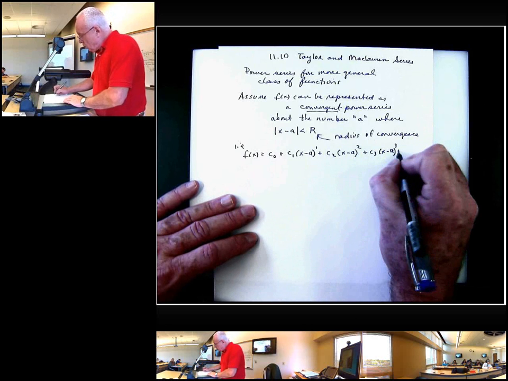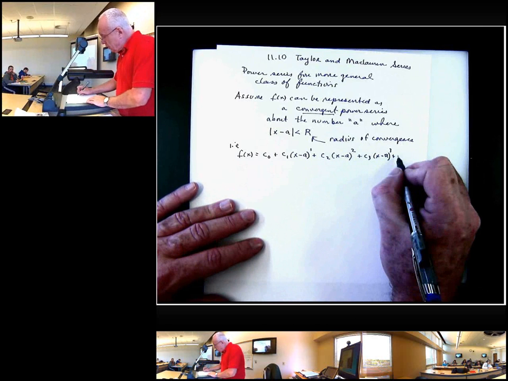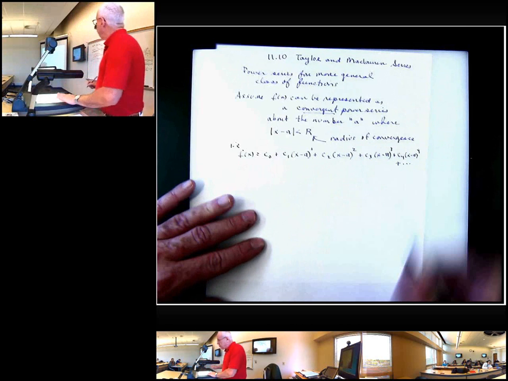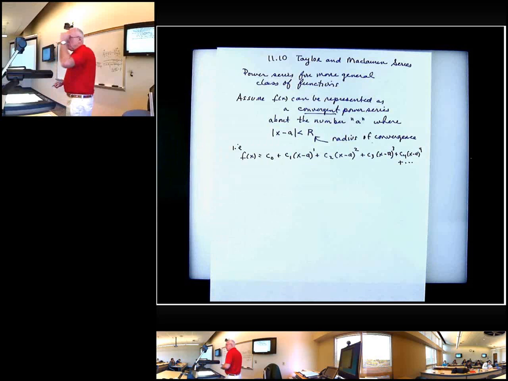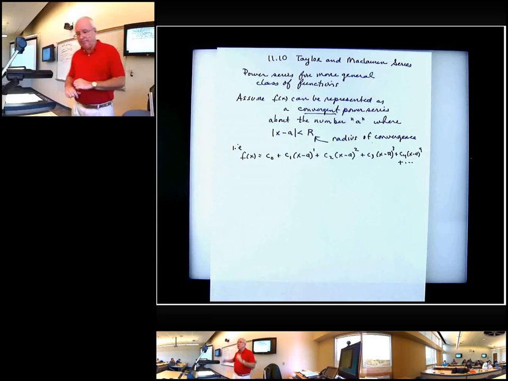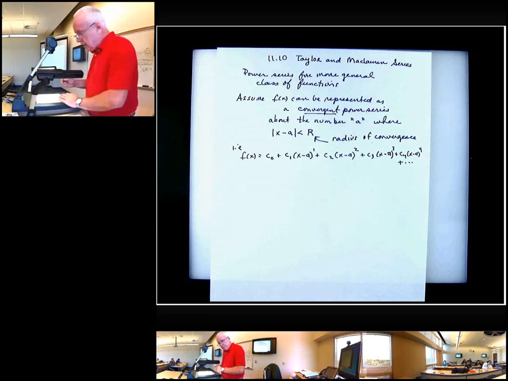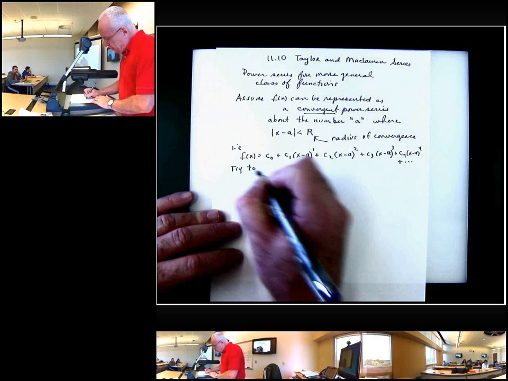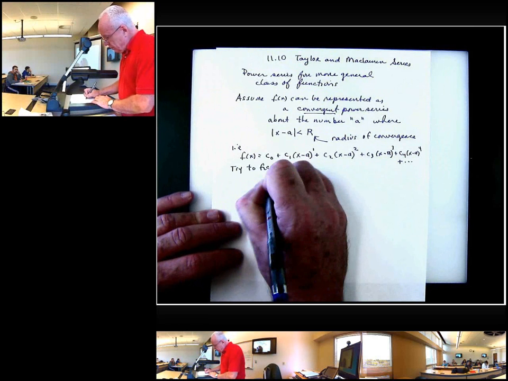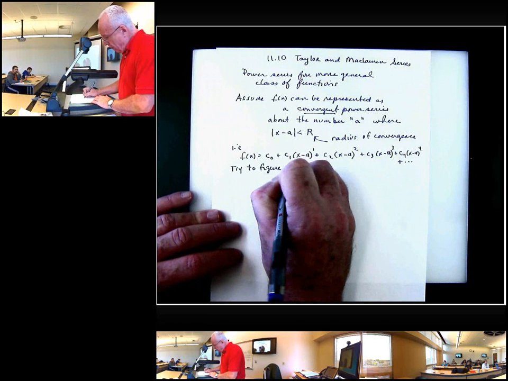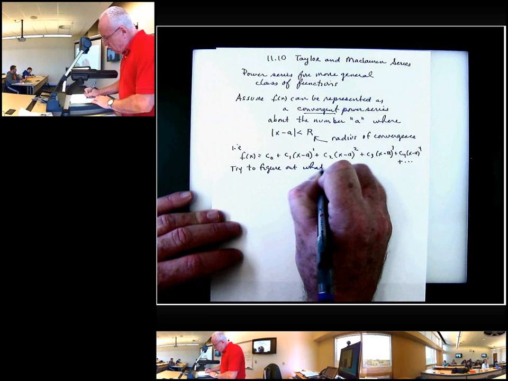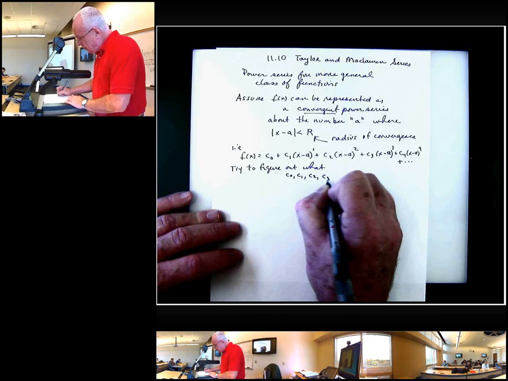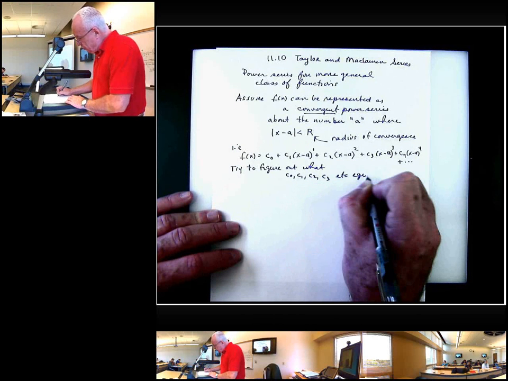And I'm going to go out one more, plus c4 times x minus a to the fourth power, plus dot, dot, dot, because it'll go out to infinity. Now, we're going to try to figure out what these coefficients c naught, c1, c2, c3, etc. are equal to.